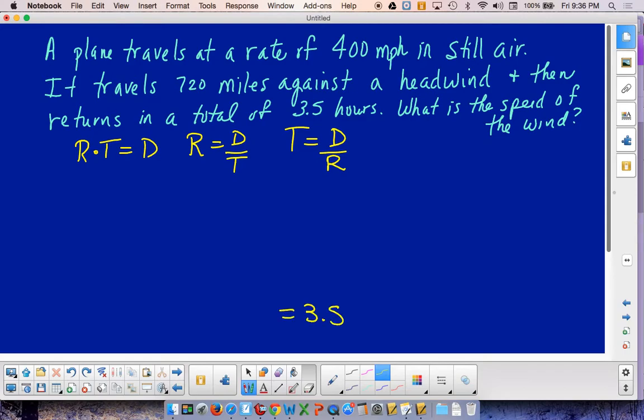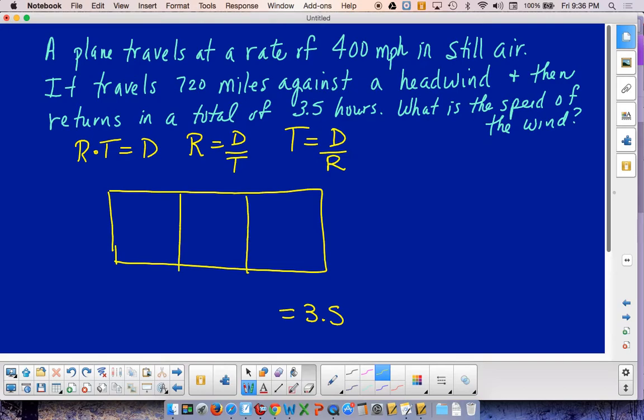So that tells me I need to write an expression for time, which means I'm using this last equation here, distance divided by rate equals time, so that I end up with a time involved in this problem.